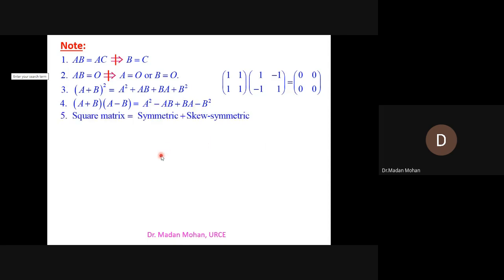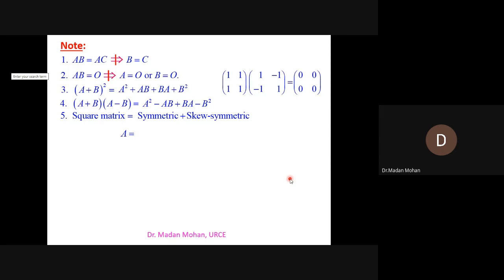Now observe. If two matrices are given to you, you can easily add them to get a new matrix. Here, a matrix is given, and you are asked to write it as a sum of two matrices. But the reverse: 2 plus 3, you can easily tell 5.